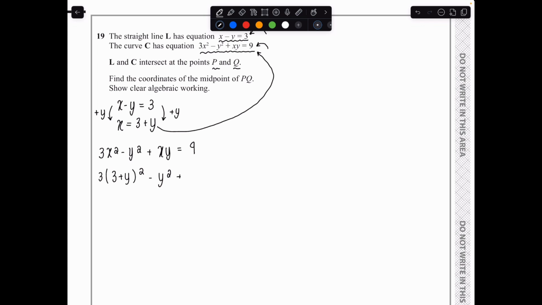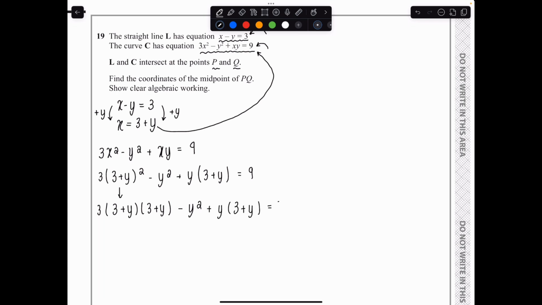In other words, we can write y brackets 3 plus y, and all of that is equal to 9. From here, we want to start expanding out brackets and see if we can simplify anything. Whenever we have a set of brackets squared, we can write it like this. Then we have a minus y squared, then we have a plus y, 3 plus y is equal to 9.